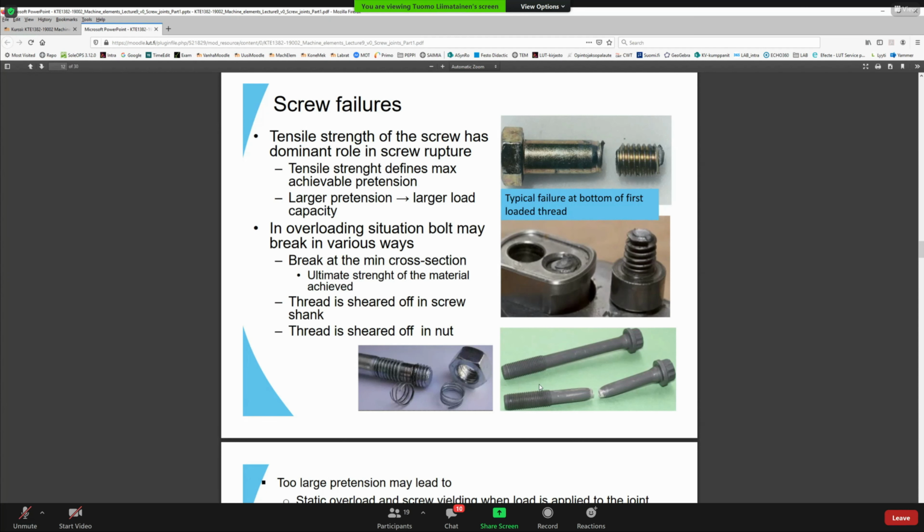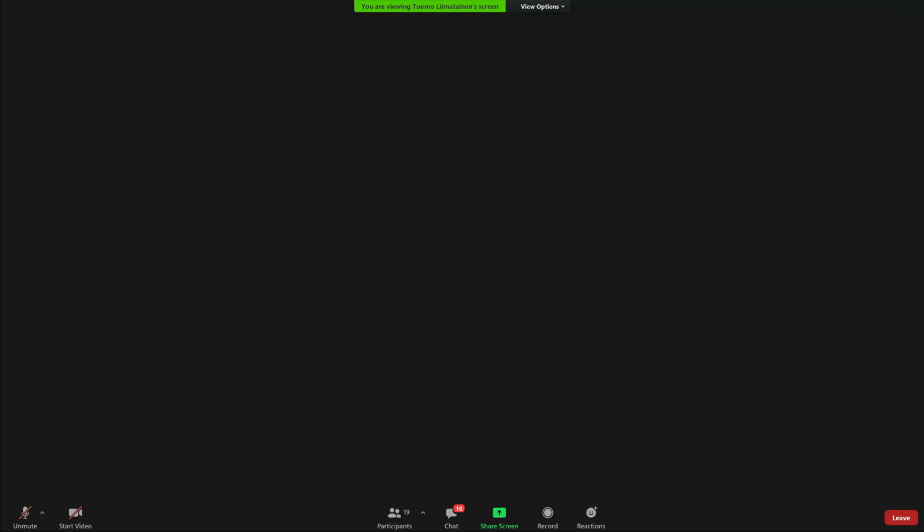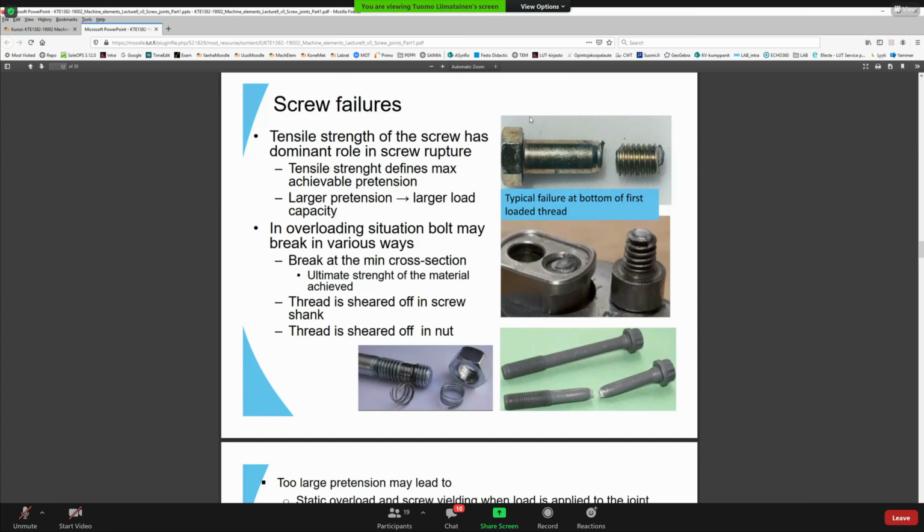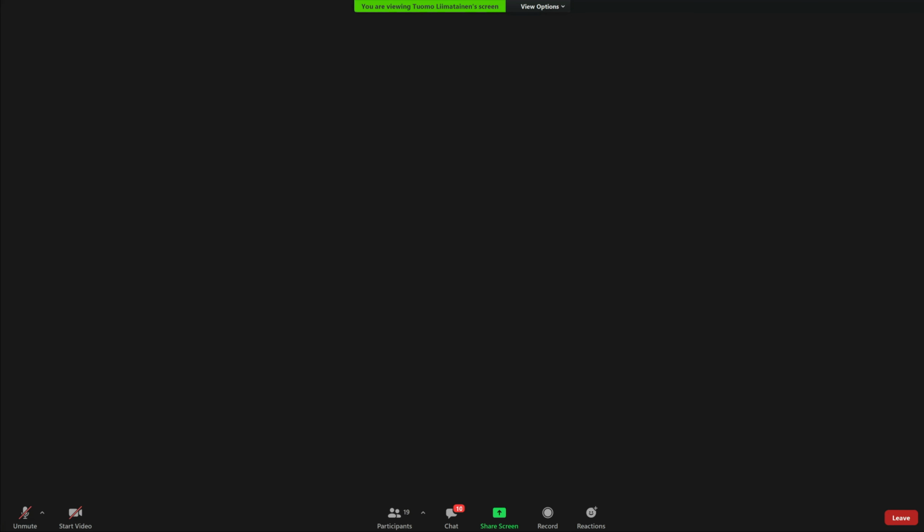Which of these would you prefer? If you could design the component, and you should design it in a way that you define where the bolt is going to fail, which of them would you prefer? Maybe shearing off, because it looks safer than just breakage in the narrow section.